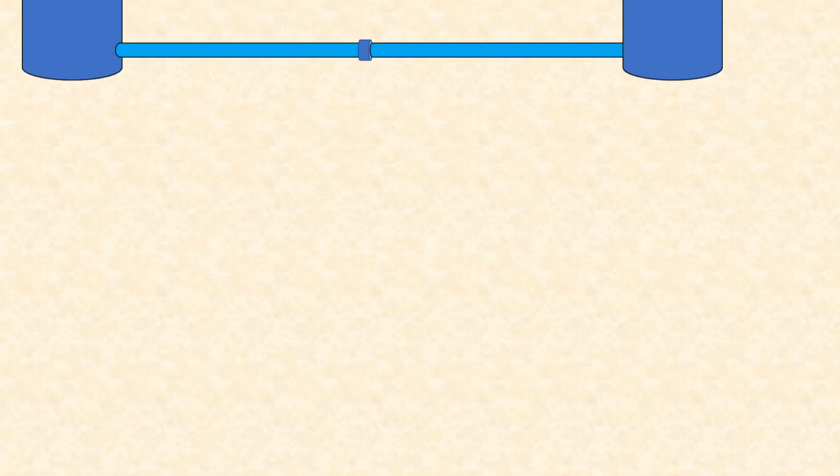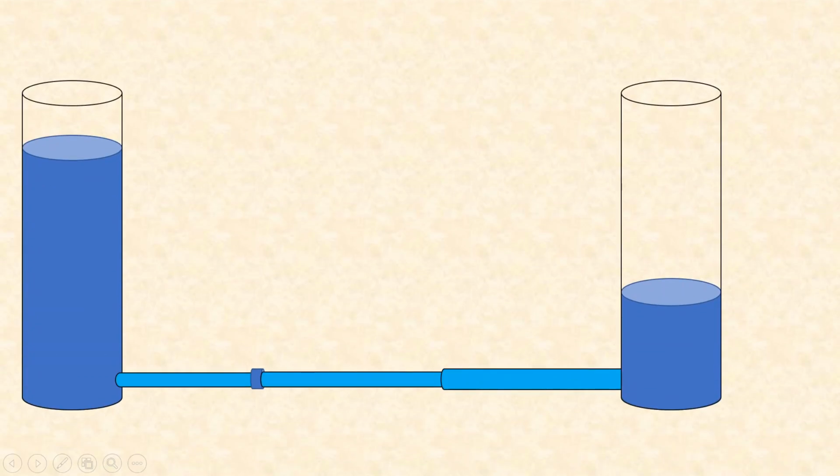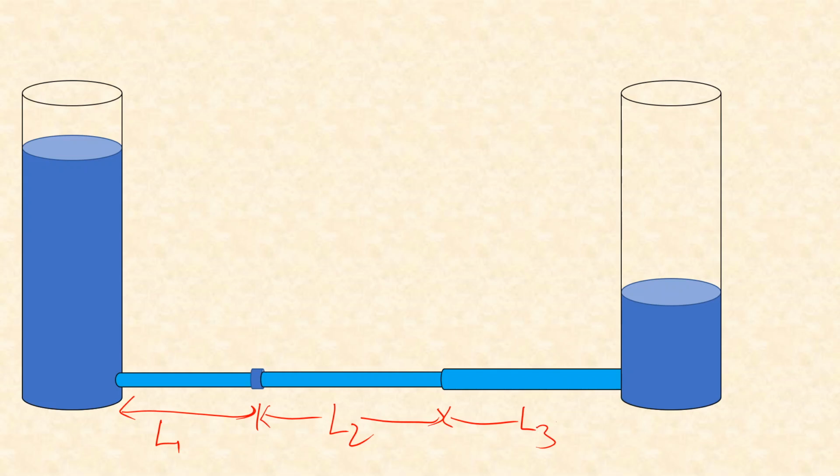Now let's take another example here. So in this case, at some point we have enlarged this diameter of the pipe at this point. So let's call this L1, it may be 2 or 3 meter, then L2 and L3.